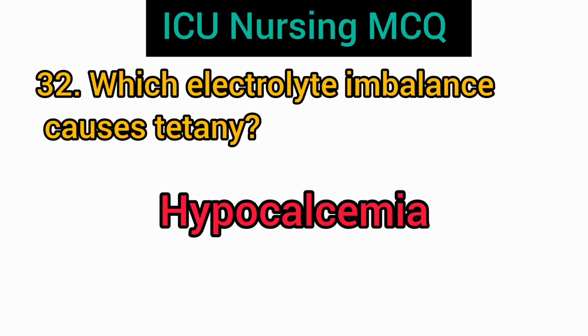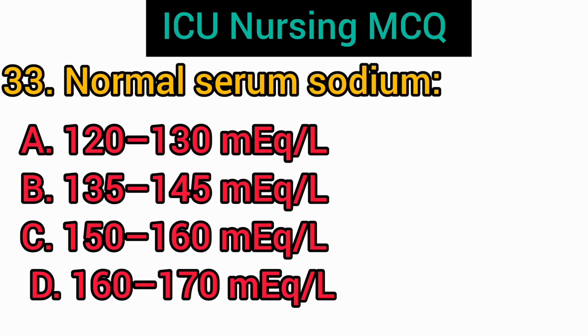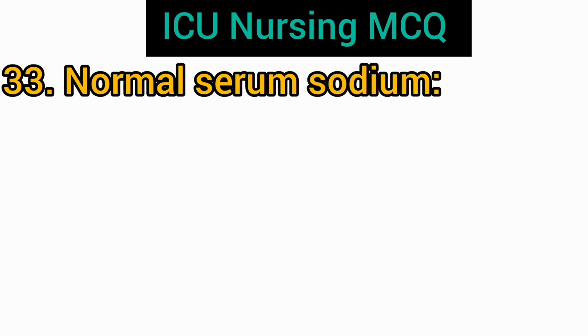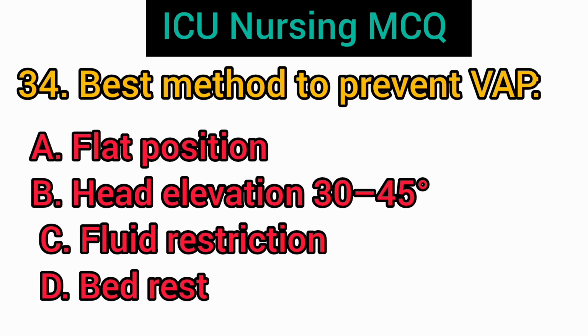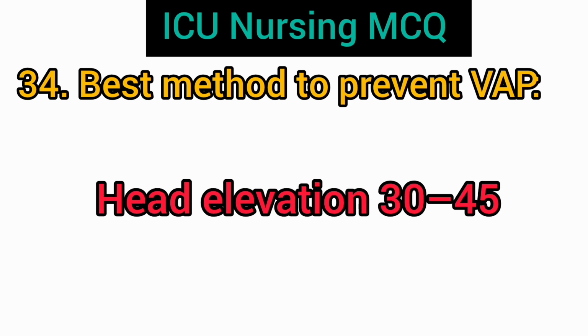Hypocalcemia. Normal serum sodium (135 to 145 mEq/L). Best method to prevent VAP. Head elevation 30 to 45 degrees.